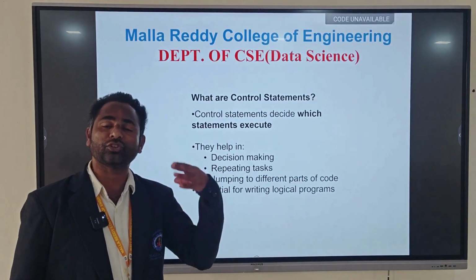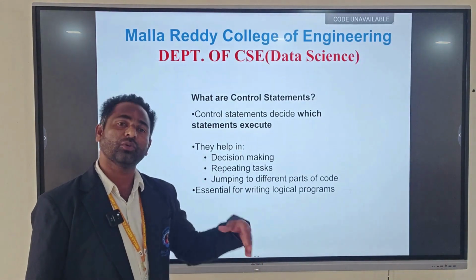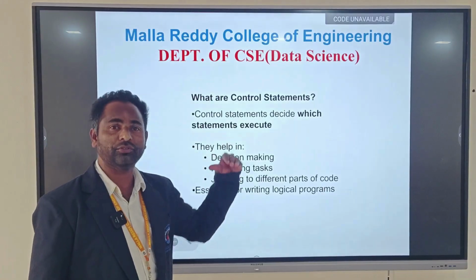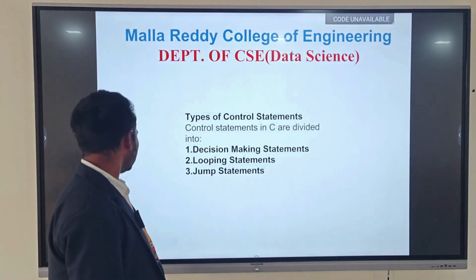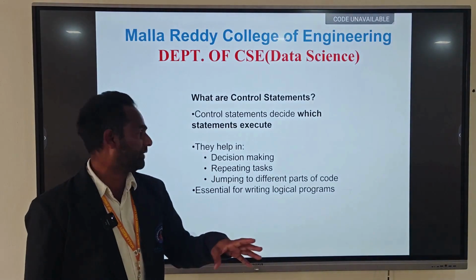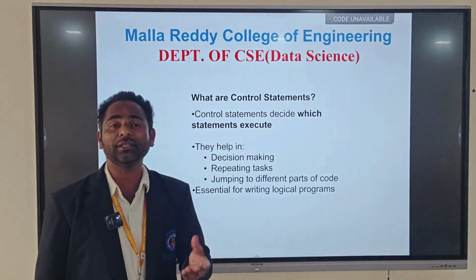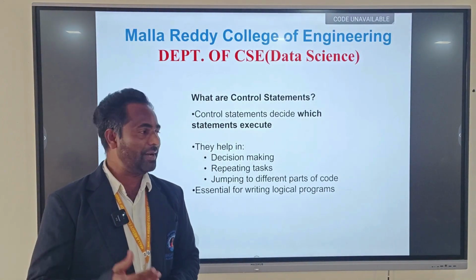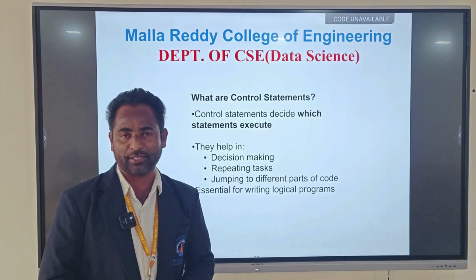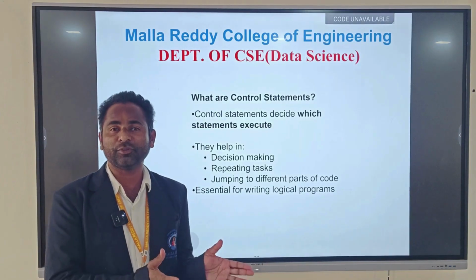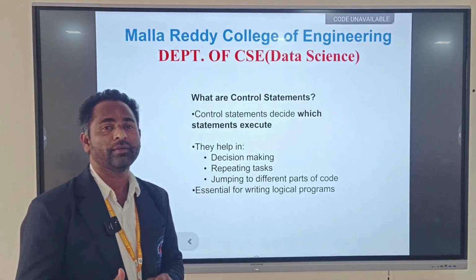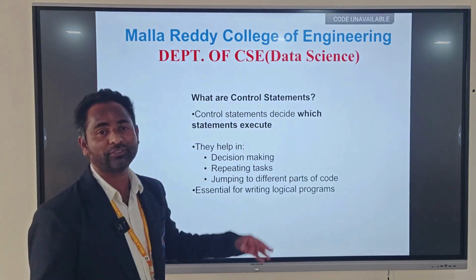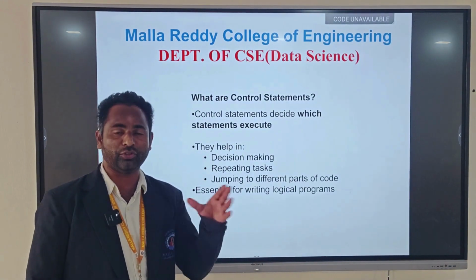If the conditions are not satisfied, we go back to the first again. So, jumping to different parts of code: in a code we mention so many conditions or statements, and if they are not satisfied with the previous statement, then we go to the first one. It means that with the help of jumping statements only we do that.